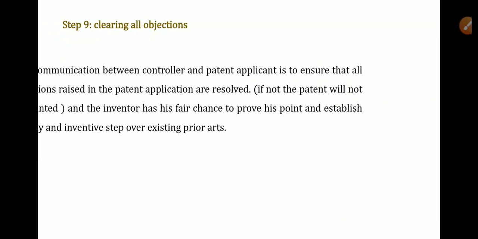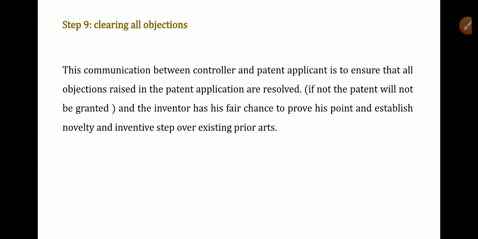And the ninth step is clearing all objections. After sending the report to the controller, the next step they have to follow is clearing all objections. This communication between the controller and the patent applicant is to ensure that all objections raised in the patent application are resolved. If not, the patent will not be granted.